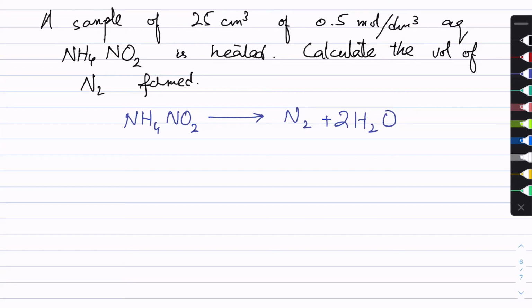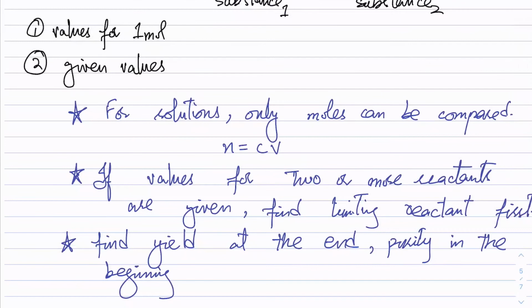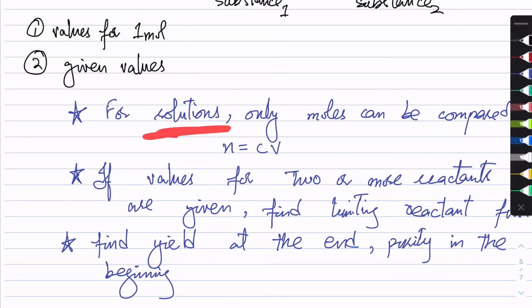So the two important parts that we have is, we have this part which is aqueous, उसकी state है aqueous. This is a gas, this is obviously liquid. Okay, and we need to figure out कि हमें कितना ये है और कितनी gas निकल गई. Now remember, I told you that for solutions, only moles can be compared.